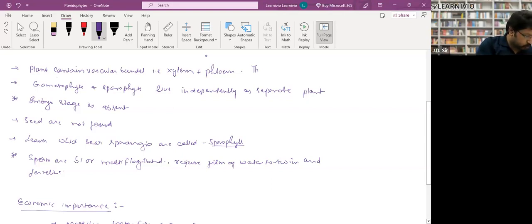One more piece of extra information I want to add here, but it's not there in the book actually.